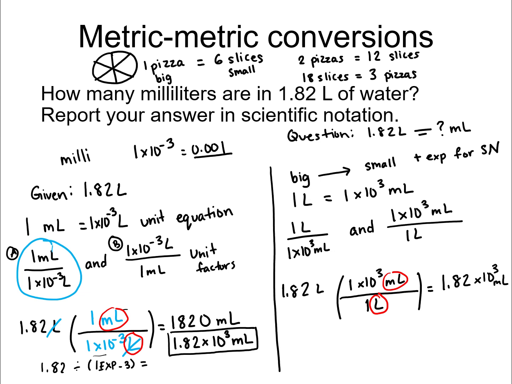Yeah, if you want to go the other way, so we went from small to big on the left side, and we had a negative exponent. If you flip the order, big to small, then you need to flip the sign.